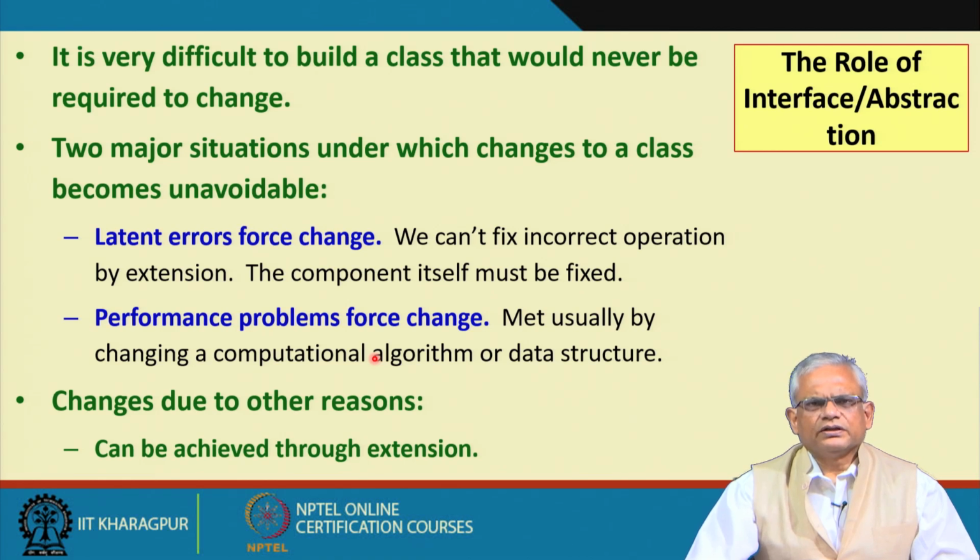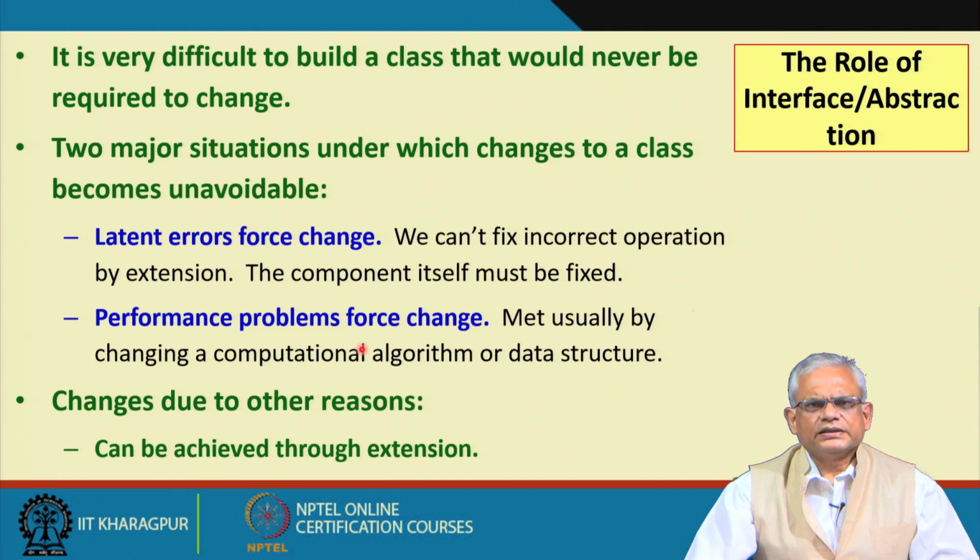Let us say it was displaying on a terminal, but then we find that the display is too slow over the years, and we might need to fix it. If you look at the changes that occur to classes, these are the two main reasons.